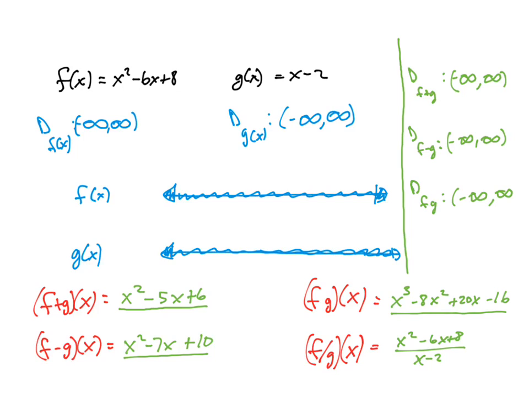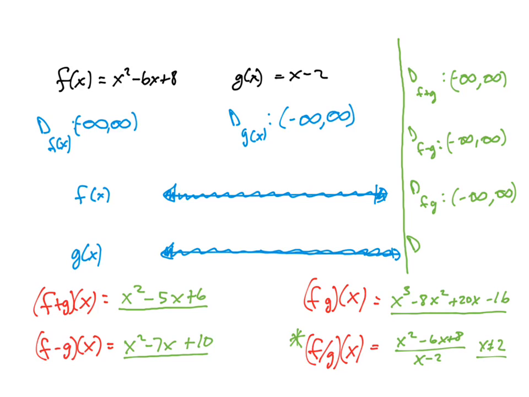Now things are going to be slightly different for f over g. While each of these individual functions is all real numbers, we need to be careful because x cannot equal +2 here, because if we input +2 into this combined function, this will be undefined. We'll be dividing by 0.